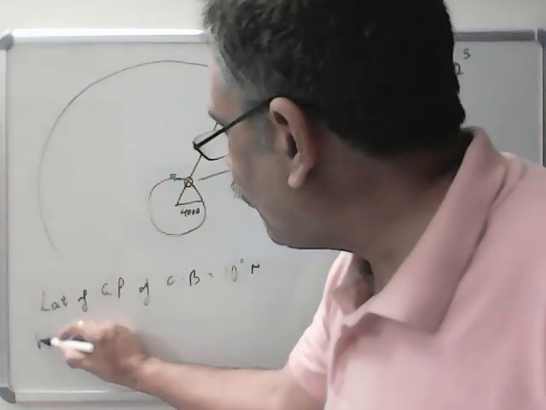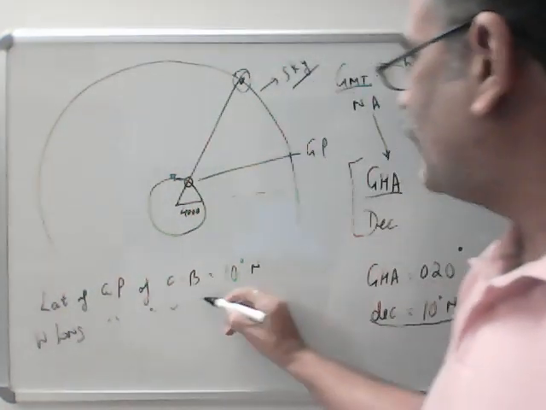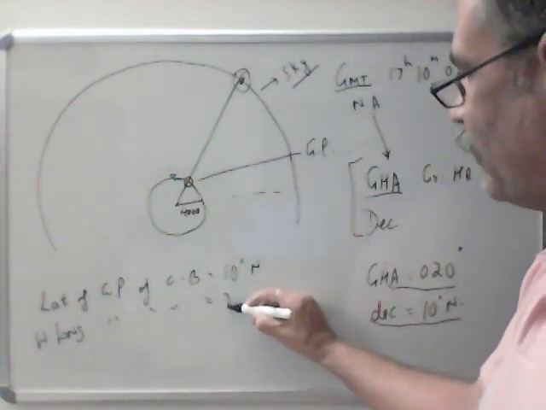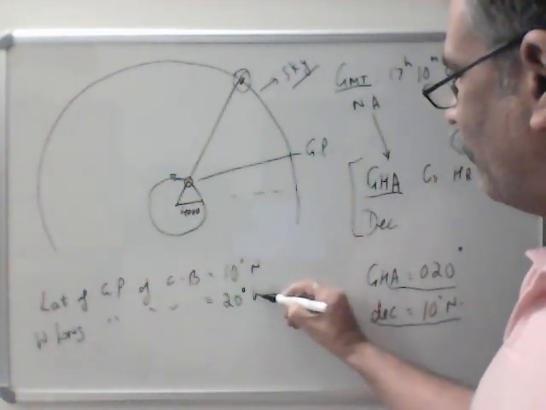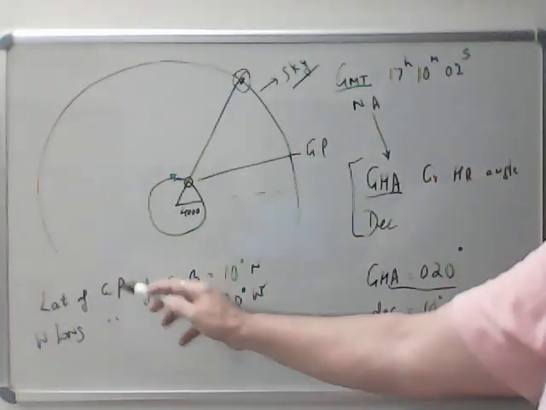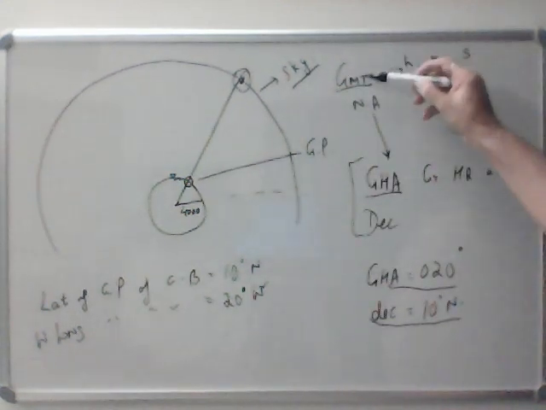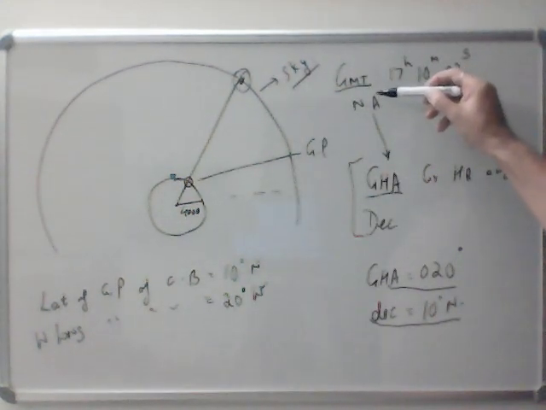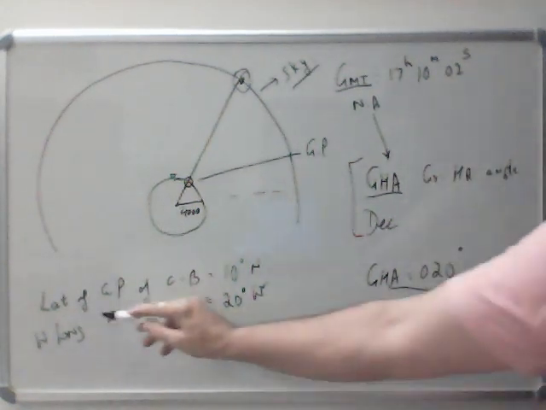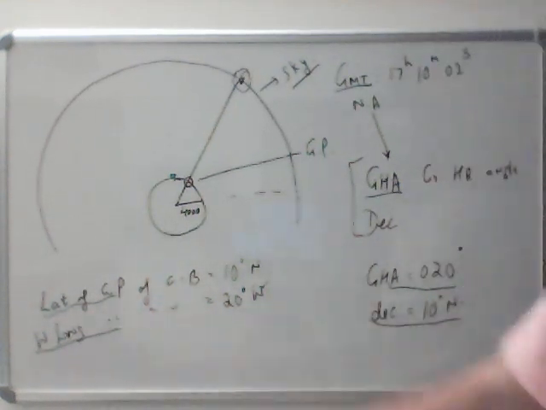And the west longitude of the GP of the celestial body is 20 degrees west. So you got the latitude and longitude of the GP from the GMT. From the GMT, you took out the almanac, you found the GHA and declination, and you converted it into latitude of GP and west longitude of GP.